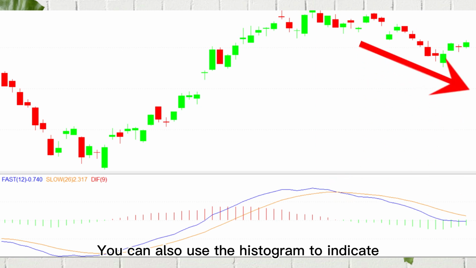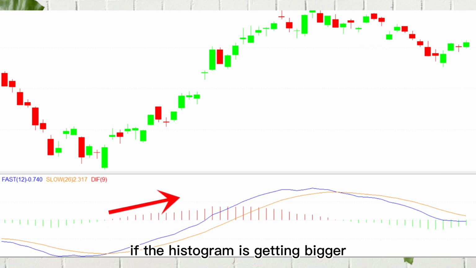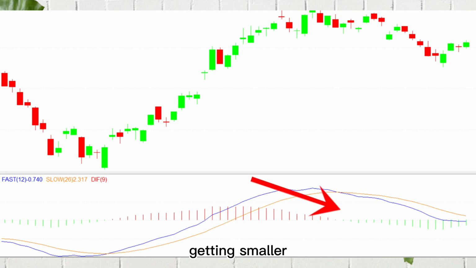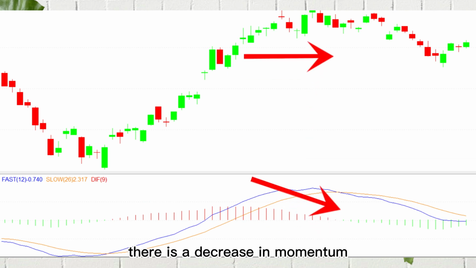You can also use the histogram to indicate how much momentum there actually is. So, if the histogram is getting bigger, that means there is an increase in momentum. If it is getting smaller, there is a decrease in momentum.